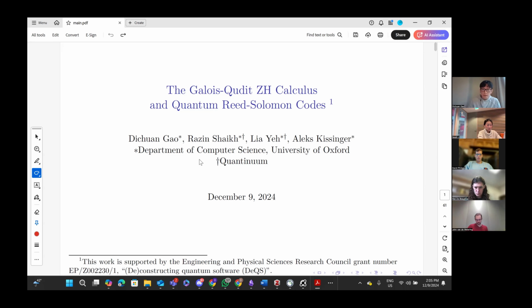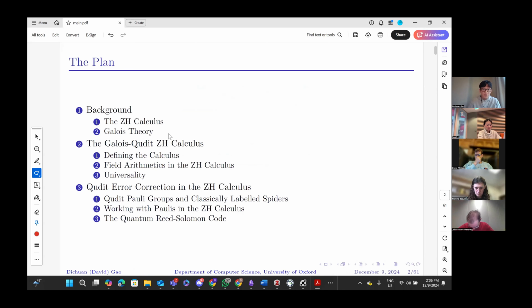So maybe I'll start by going through what I want to cover in this talk. I'll start with some background on the qubit ZH calculus, which probably a lot of people in this group are already familiar with. And then I'll give some background on Galois theory, just to give you a sense of what this notion of Galois qudits is all about.